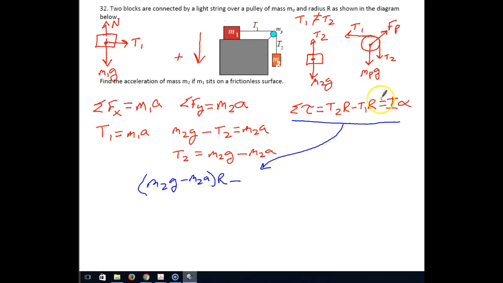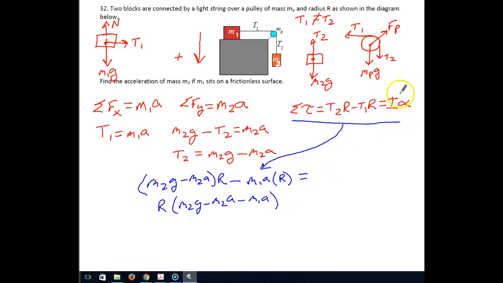Minus, now we do this term right here. We have T1, which is m1a, and then we take that times R. If we factor out the R here, we'll have R times m2g minus m2a minus m1a. And then on the other side, we've got I alpha.